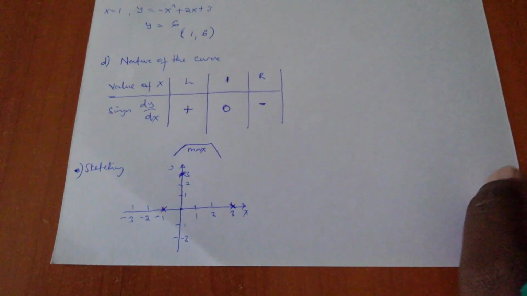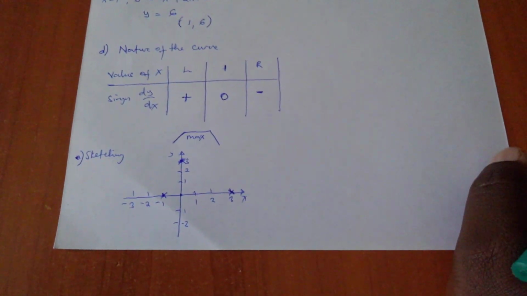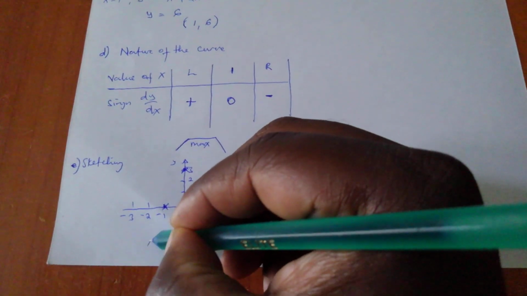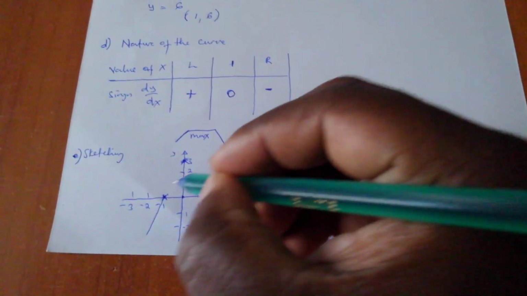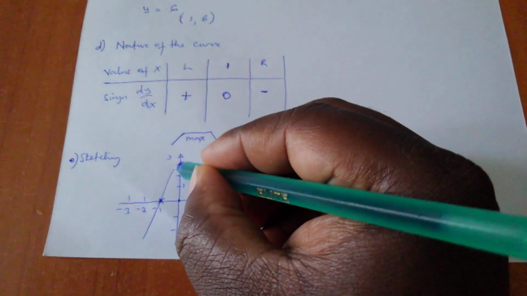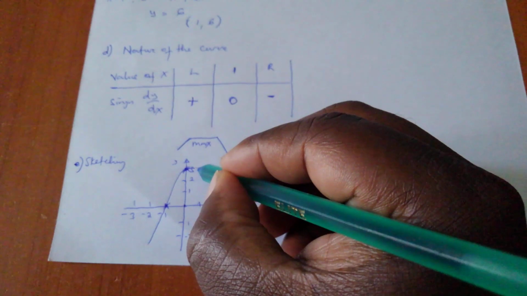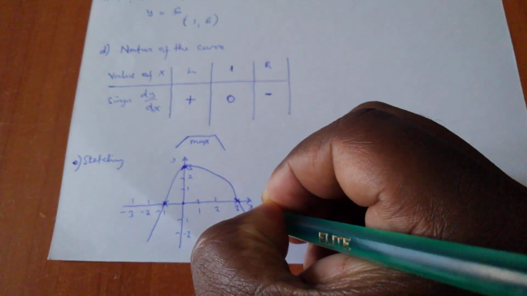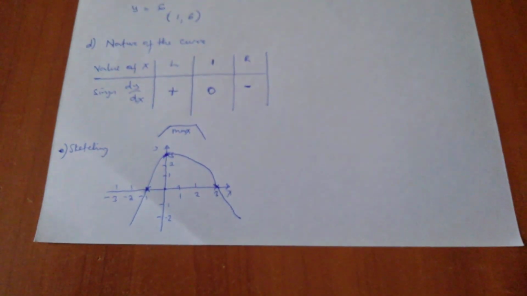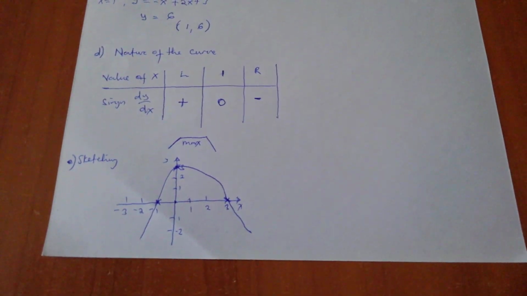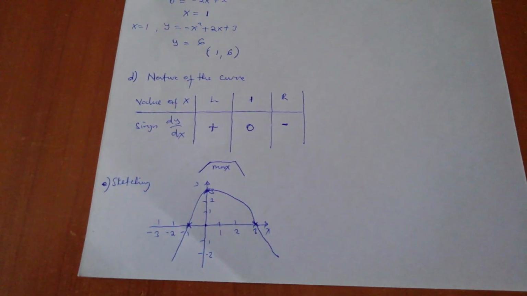So I already have even my curve. The curve will come like this, passing through that point. It will cross that, then it will find its way like this. So this is my curve.